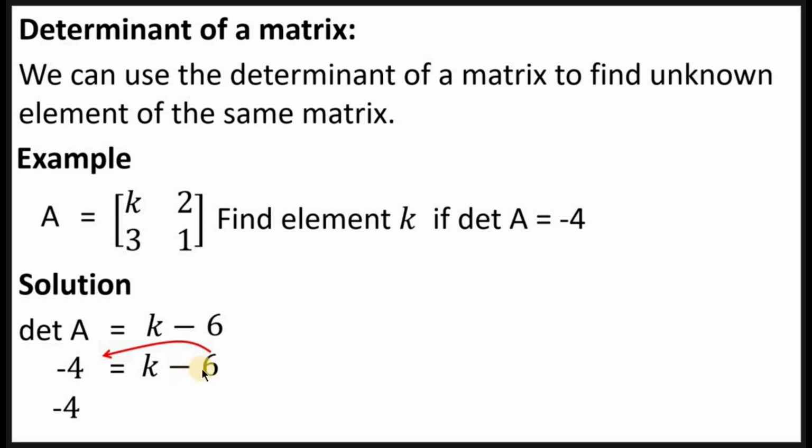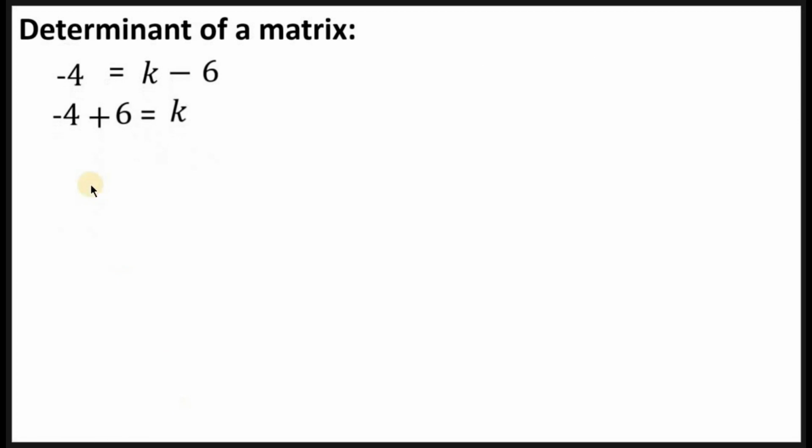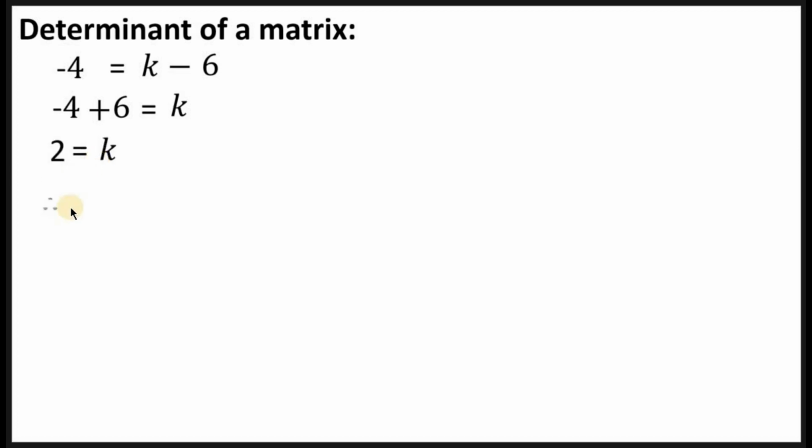When negative 6 crosses, it becomes positive 6, equals K. So we add negative 4 plus 6, and we get positive 2 equals K. Therefore, K is equal to 2, meaning the unknown element which we needed to know, K, was 2. So this is how we use the concept of a determinant to find the unknown element.